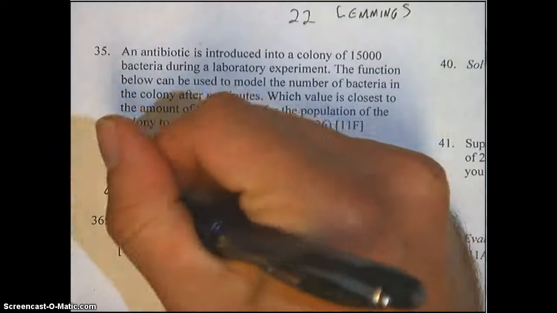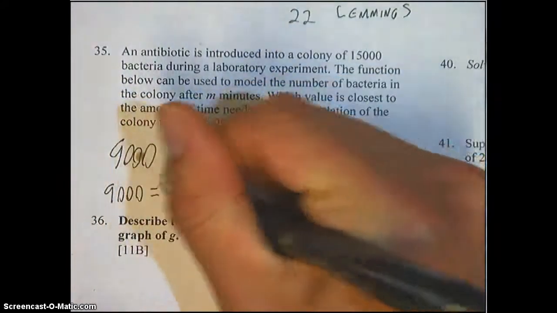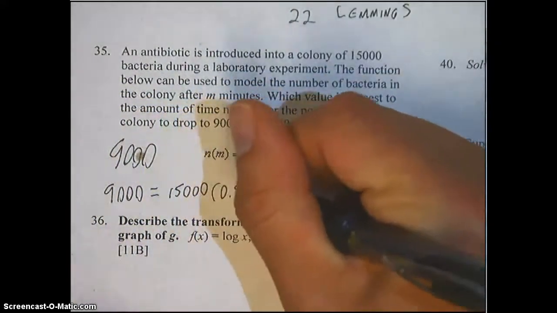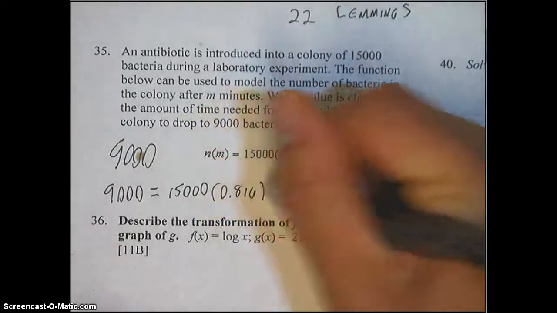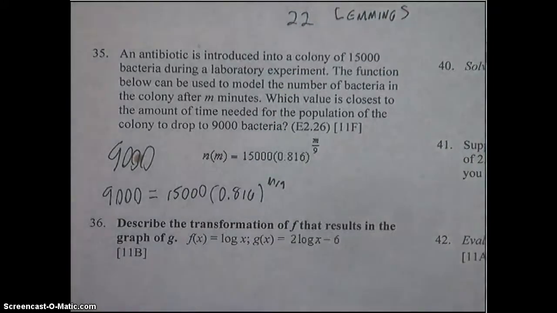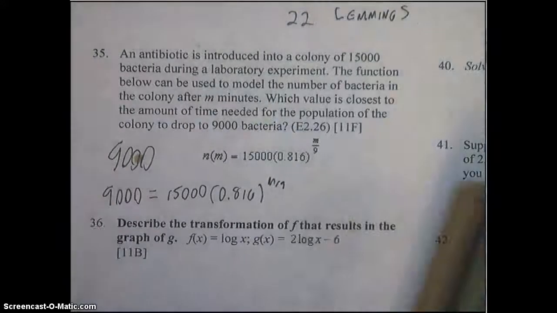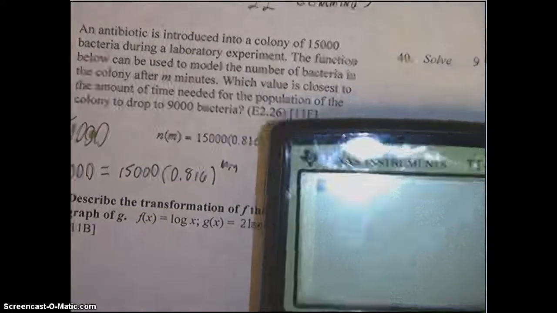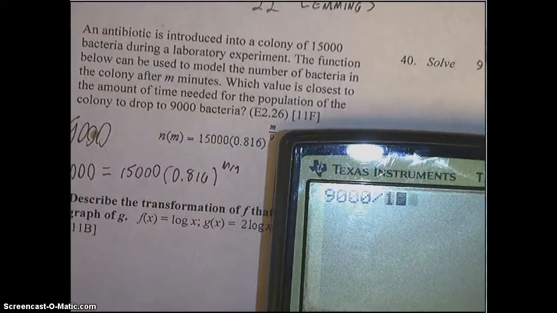So I'm going to set that 9,000 equal to 15,000 times 0.816 to the m over 9 power. So the first step here to solve this is you'll want to divide both sides by 15,000. So I'm just going to do 9,000 divided by 15,000, and that's 0.6.